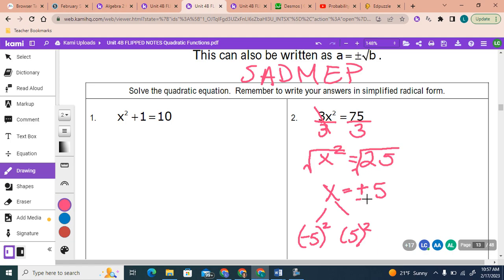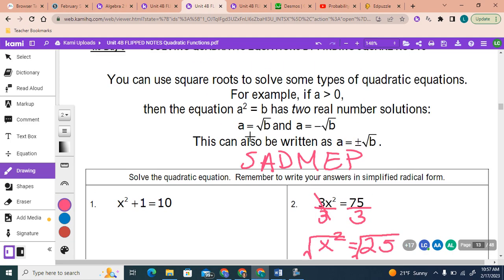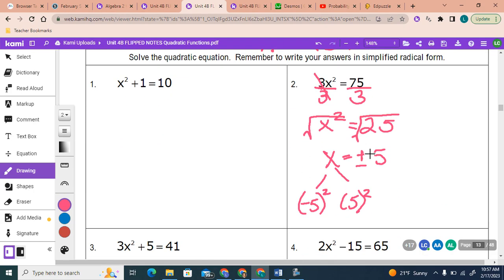It's fun to draw a plus sign over a minus sign. You can see it up here in the notes. Because a equals the square root of b and a equals the negative square root of b, you write it as plus or minus the square root of b. We normally have 2 answers here. I want you to understand where this plus or minus comes from.